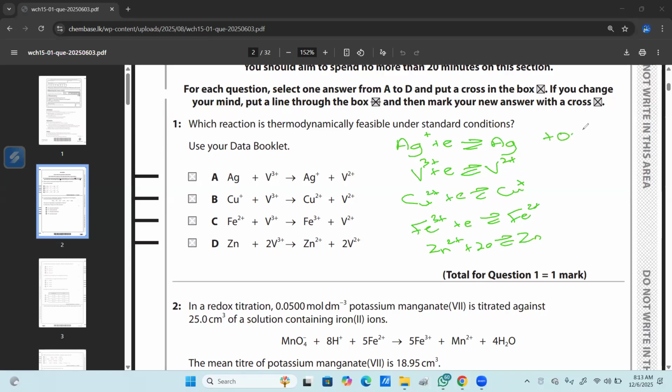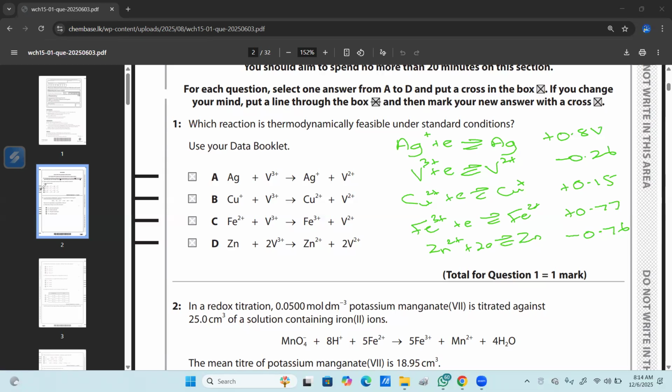The E0 value for silver is plus 0.8, vanadium is minus 0.26, for copper it's plus 0.15, then for iron, 3+ to 2+, it's plus 0.77. For zinc, it's minus 0.76.